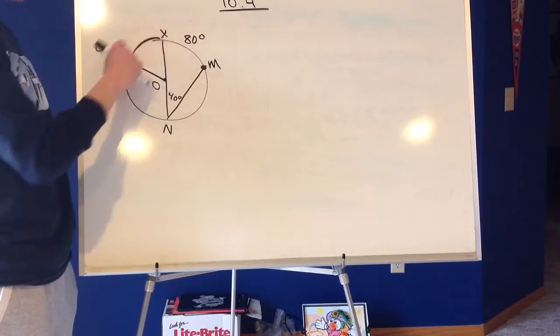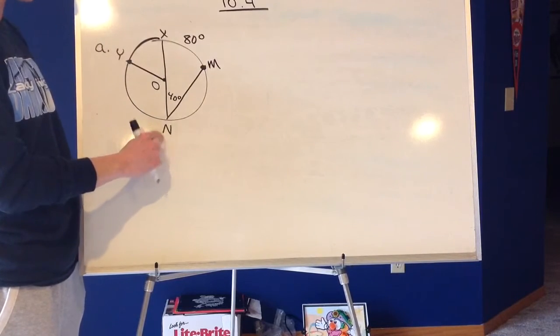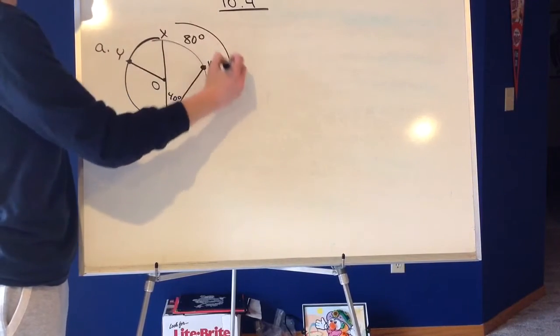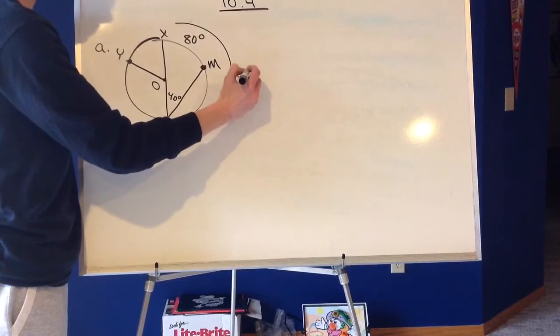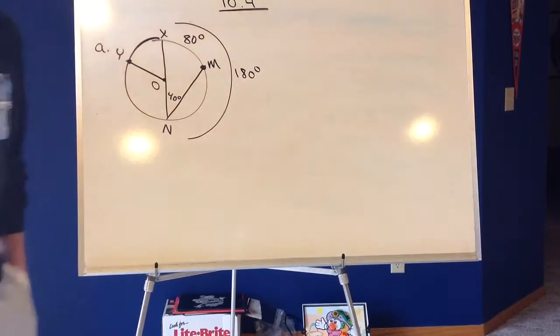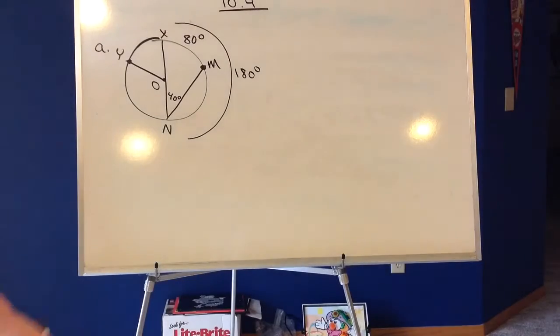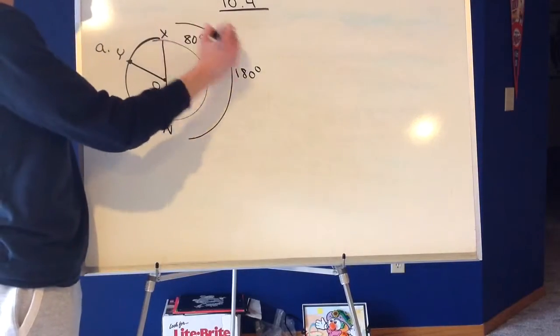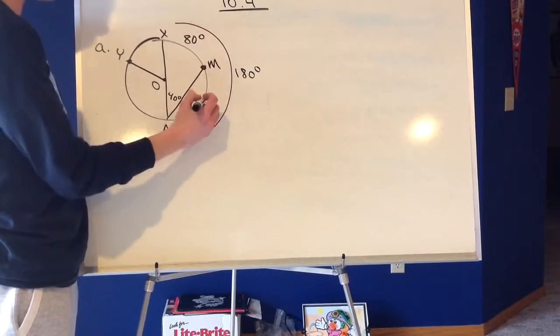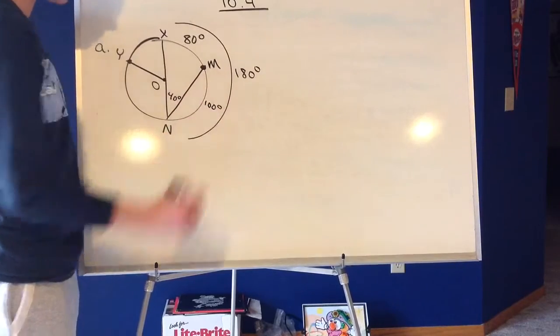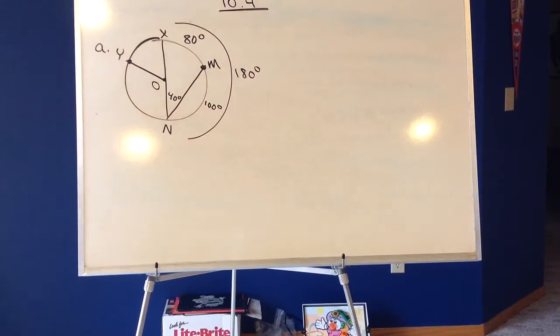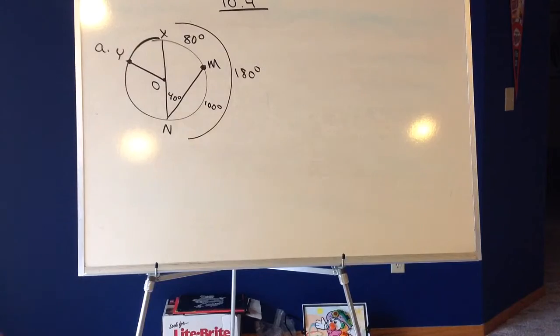Since it's on the diameter, it makes a semicircle. So that means that all the way around, it would have to be 180 degrees. Talked about that one the other day. And then the last one it asks for is MN. Well, if the whole thing is 180 and I've got 80 up here, that would leave us with 100 for NM down there. So those are the pieces they asked you to find on A.